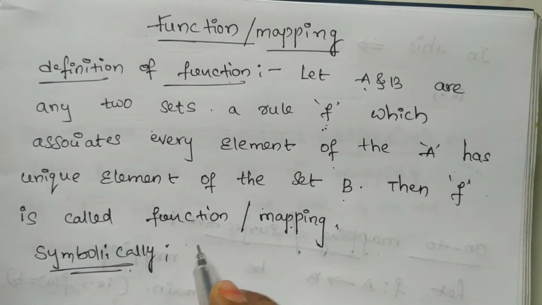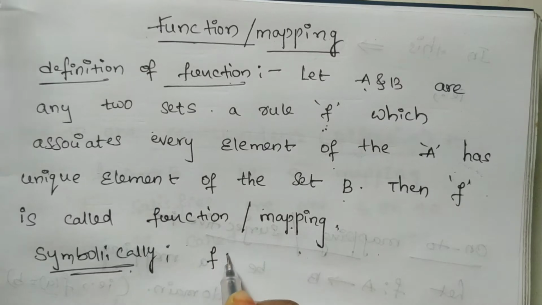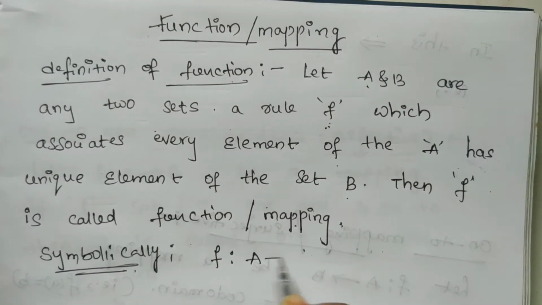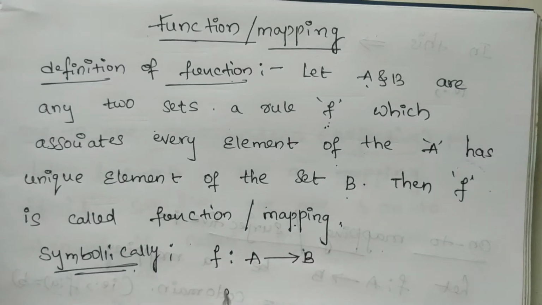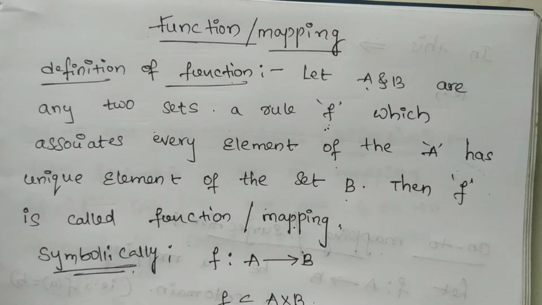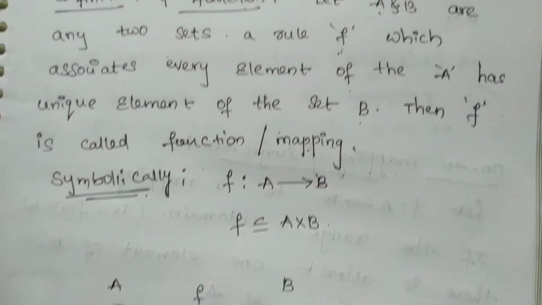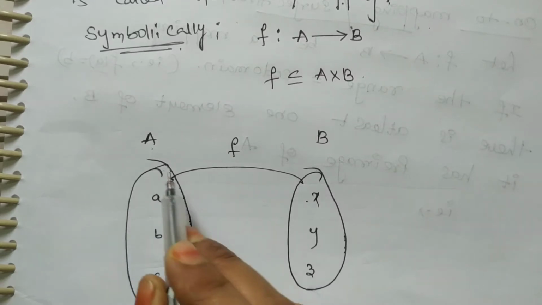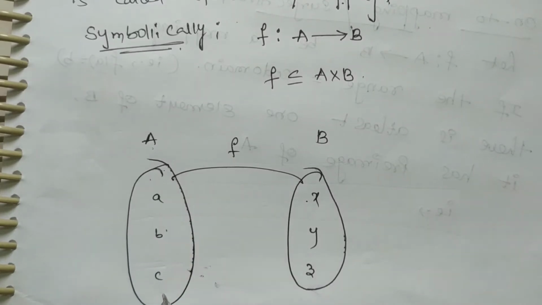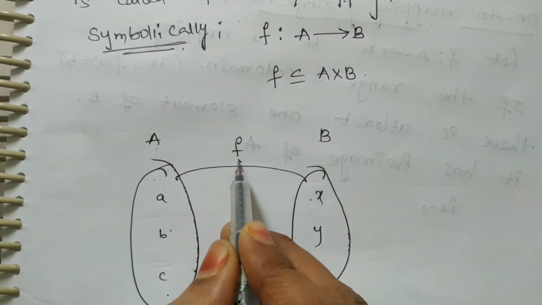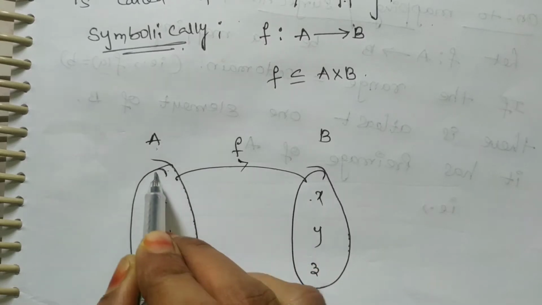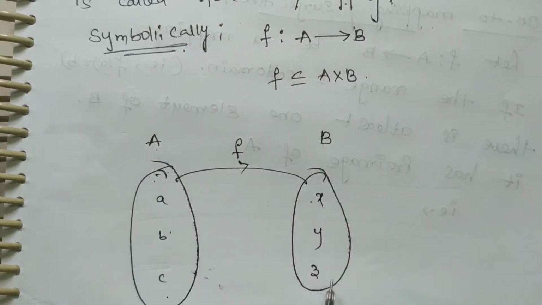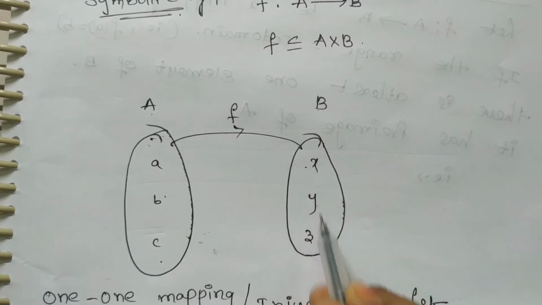Symbolically it can be written as f mapped from A to B, and f is a subset of A cross B. Here A is a set of elements a, b, c, and f is a function which is connected to sets A and B, and B is the set of elements x, y, z.